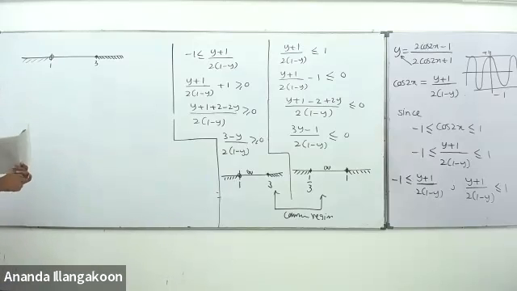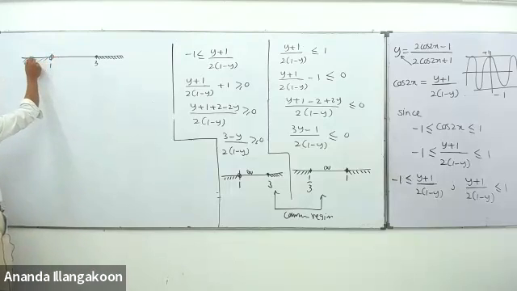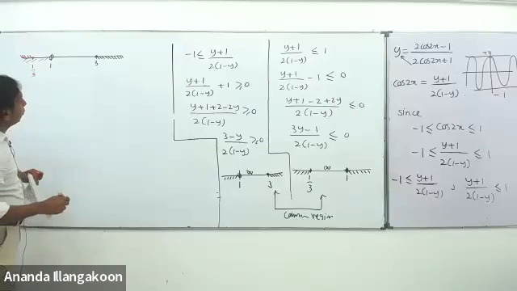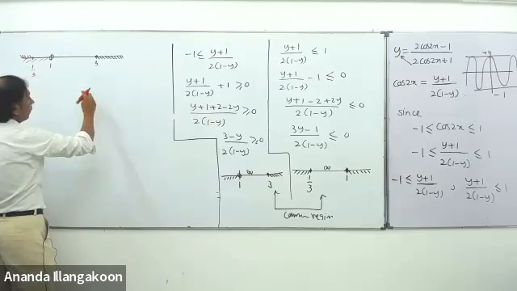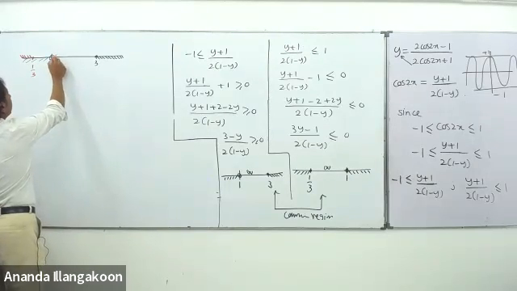Second one, including 1/3, less than 1/3. 1/3 is somewhere here, no, people. 1/3, including 1/3 less than 1/3, this region, and excluding 1 greater than 1.